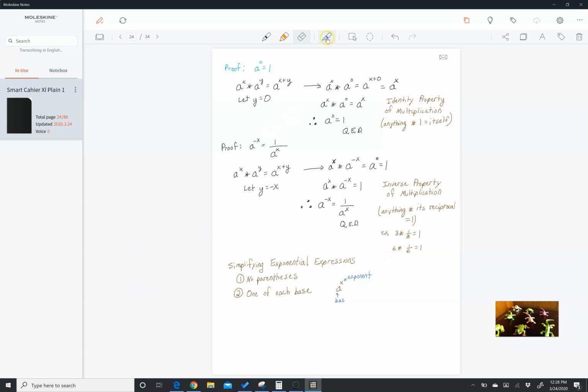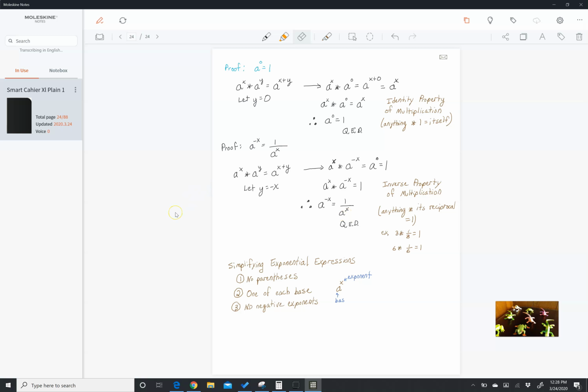Okay, and then the last thing when we simplify exponents is that we don't want any negative exponents. So for example, if we wind up with a to the negative x in our answer, we want to make sure that we have 1 over a to the x.